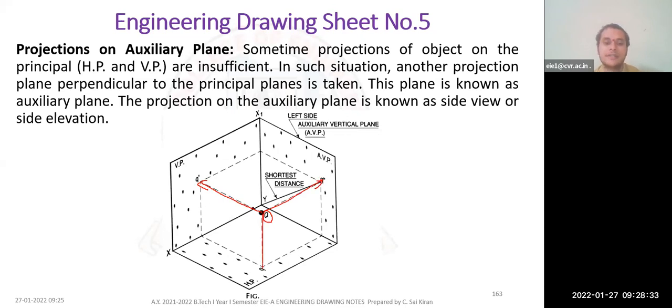And whenever I'm projecting Q in the front view, it will project as Q dash, and whenever I'm projecting side view, it will become as Q double dash, and whenever I'm projecting in the top view, it will become small letter q. Okay.